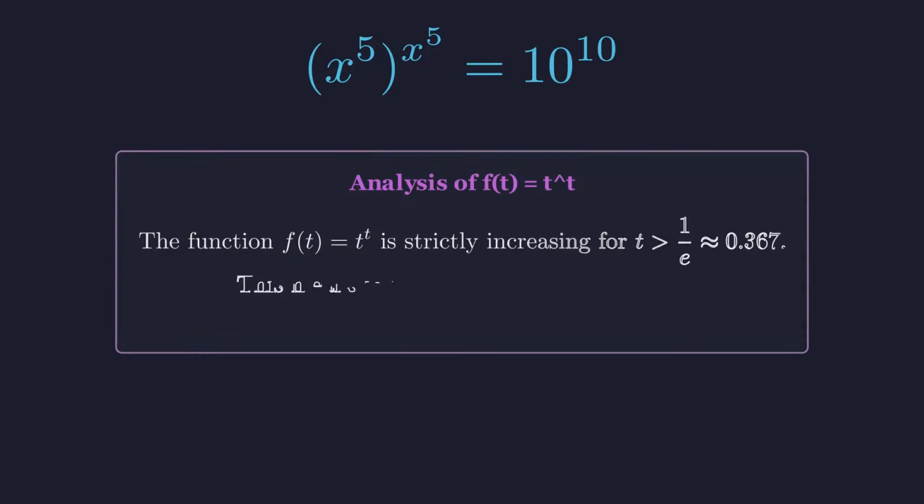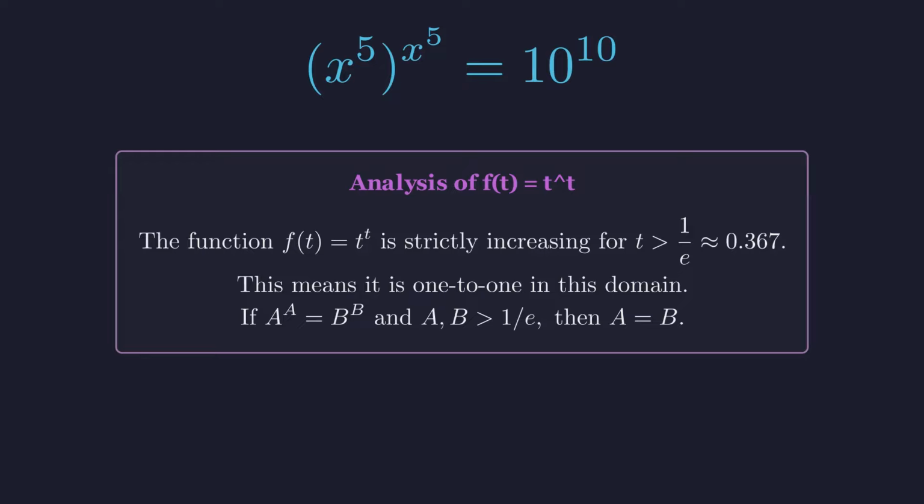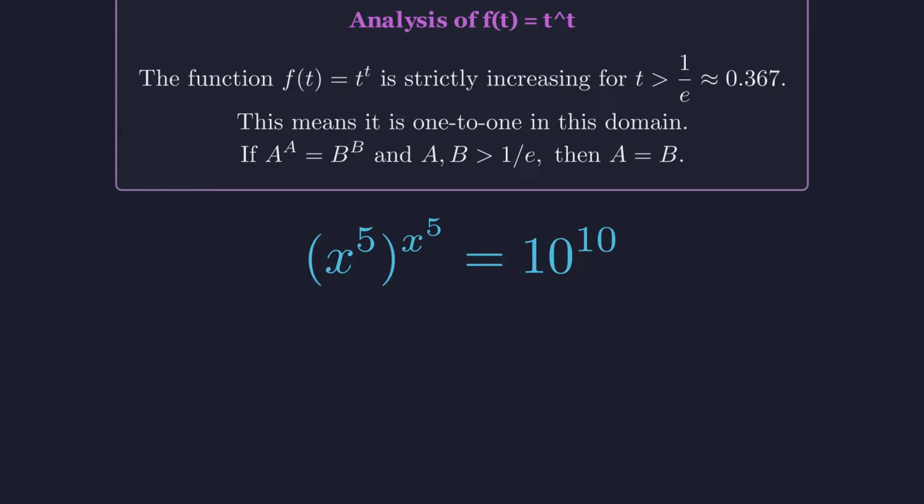If you look at the function f of t equals t to the power of t, it's not 1 to 1 everywhere, but it is strictly increasing for any value of t greater than 1 over e. And in that domain, if f of a equals f of b, it does imply that a has to equal b. In our case, the base on the right side is 10, which is definitely greater than 1 over e.